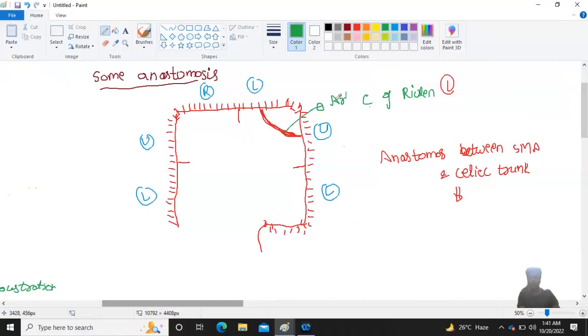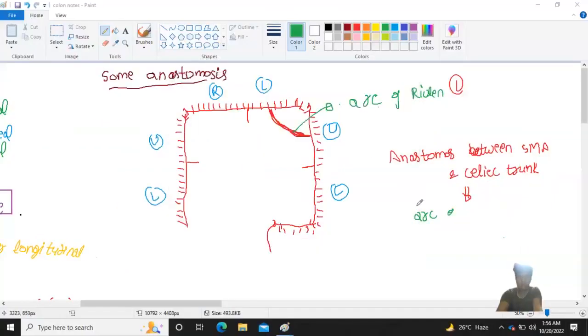This is the arch of Buhler. This is called the arch of Buhler.